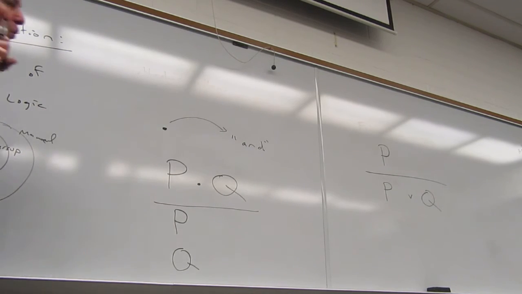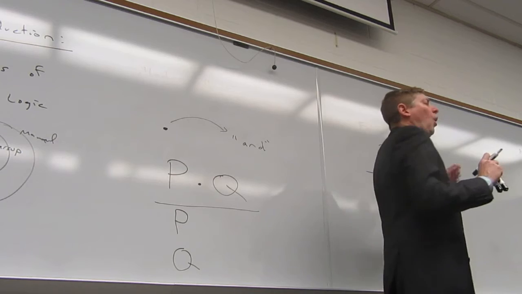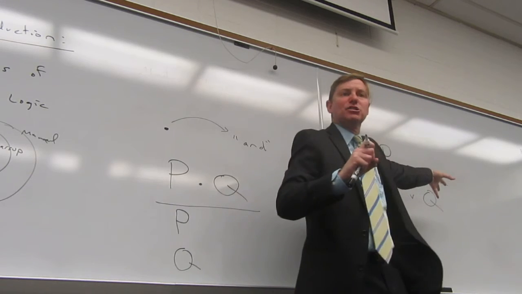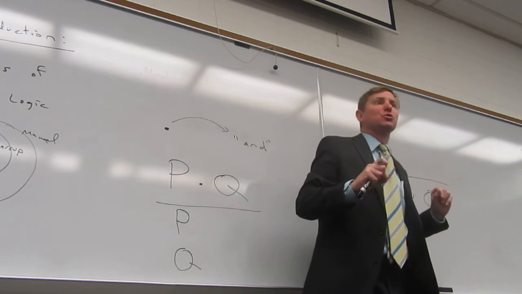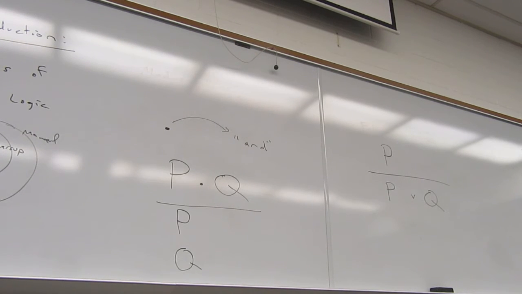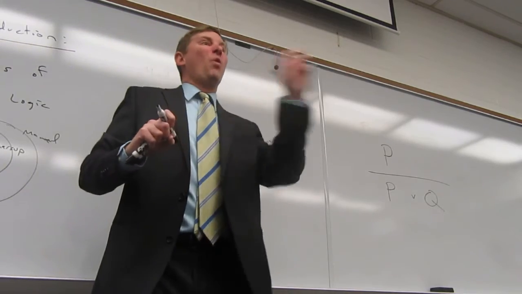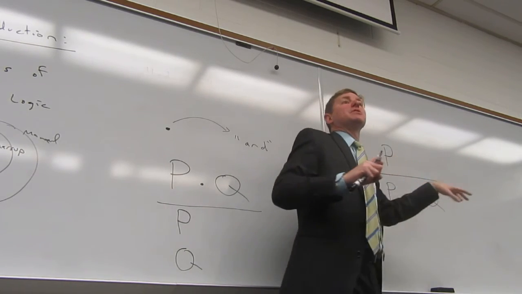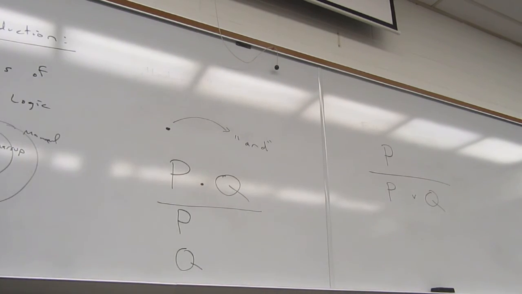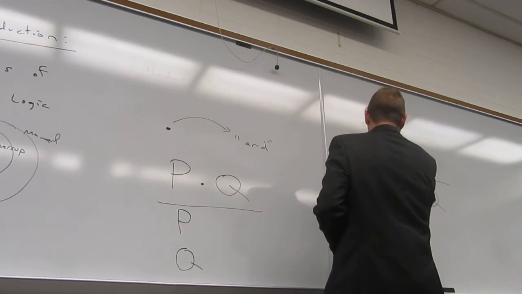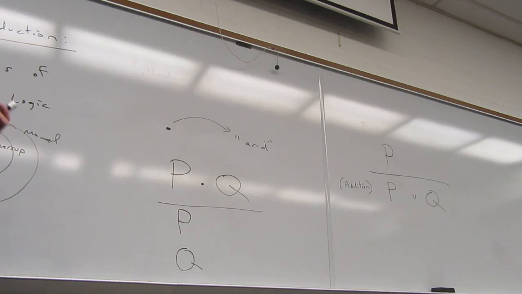It is January 2018 in the year of our Lord, or I am the king of Siam. I mean, I can literally put in any kind of inanity as Q, and this would still be a true statement. Because for an or statement to be true, all you need is only one side to be true in order for this entire statement to be true. This is a rule that we call addition.